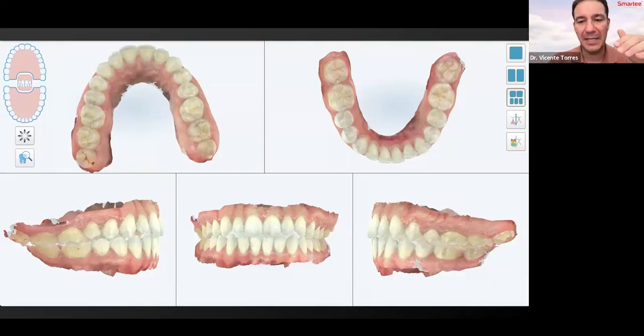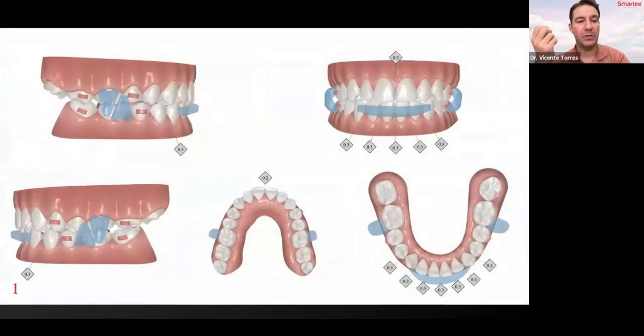You can see later that this H2H contact sometimes produces, in a class 2 division 1, when you start to retrocline the incisors, an anterior contact, and sometimes you do not have enough space to make this ideal mandibular advancement. But the ideal is H2H contact, and you can see here this class near class 1 on both sides. So this is our grass registration. Okay, and this is our treatment plan.